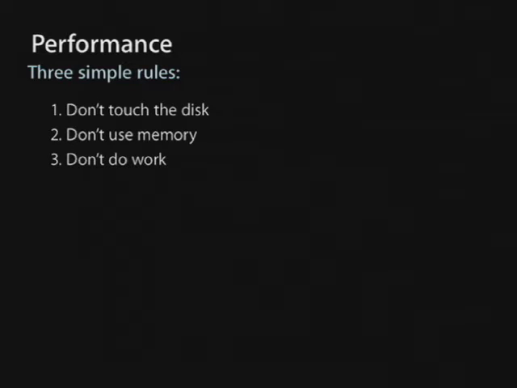And if you went to the performance session earlier, it was discussed the new caching and discardable contents mechanisms for Snow Leopard that allow you to give memory back to the system when the system is under pressure. And don't do work. Well, sometimes it's unavoidable, but we've all seen cases where a simple change in algorithm or maybe doing something lazily can get the same task done with doing a lot less work.